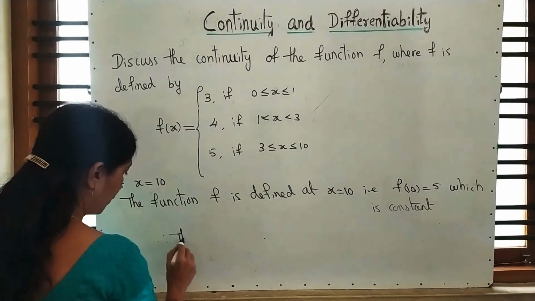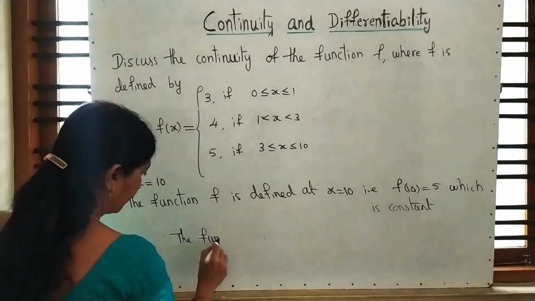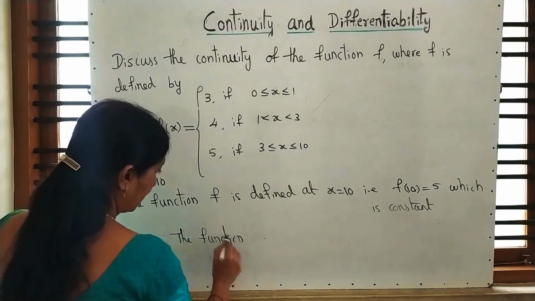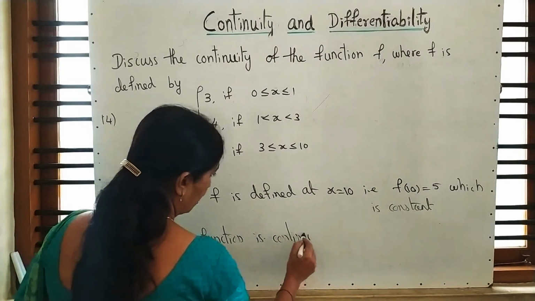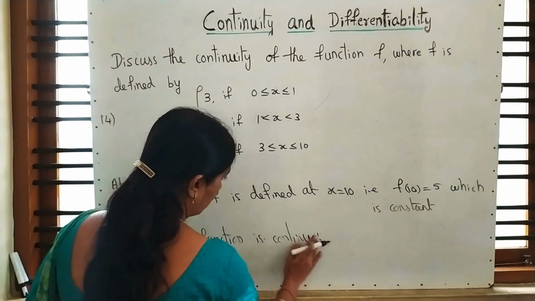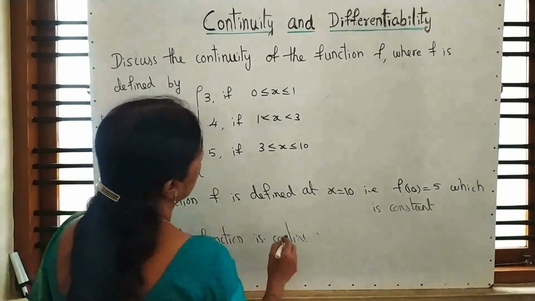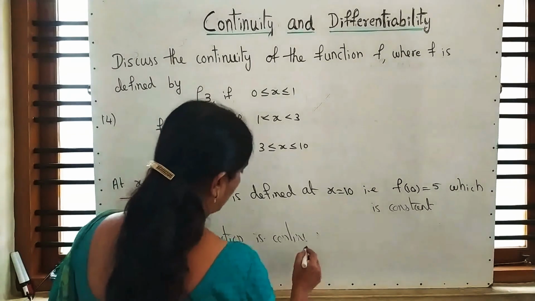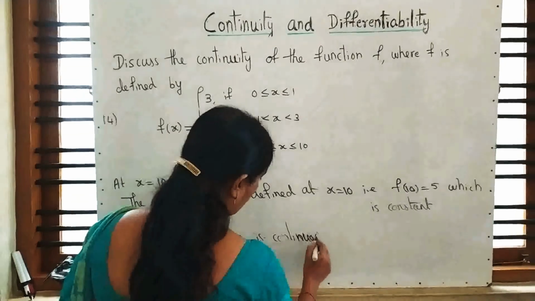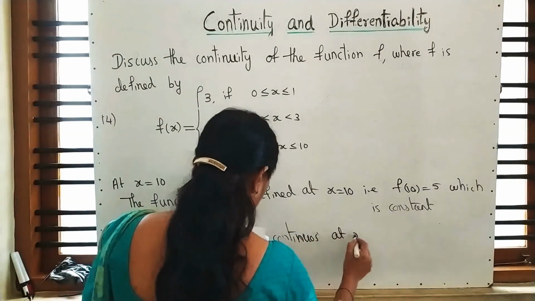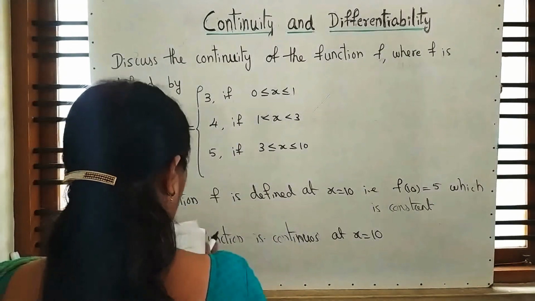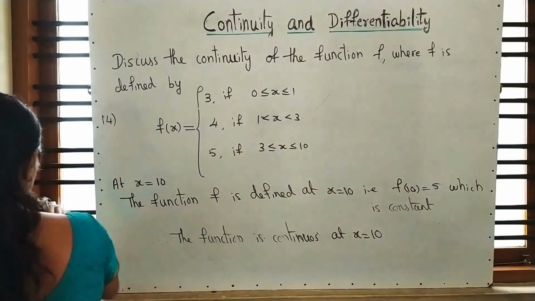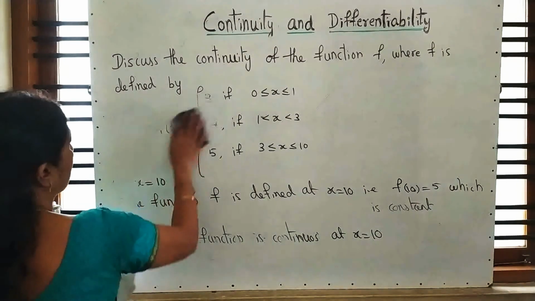Therefore, the function is continuous at x is equal to 10. Correct or what? Yes. Now we are moving to the next question.